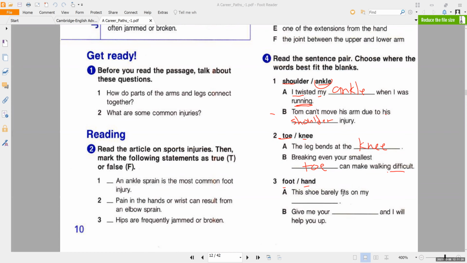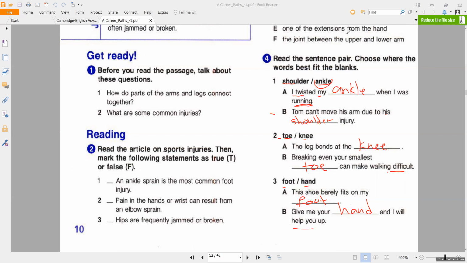This shoe barely fits on my foot. Give me your hand and I'll help you up. So number 1, this shoe barely fits on my foot, and give me your hand and I'll help you up.